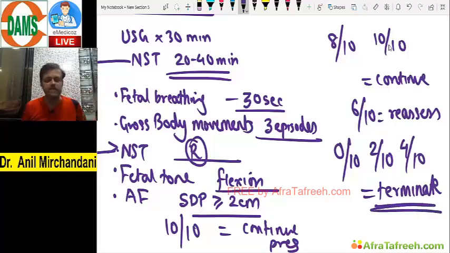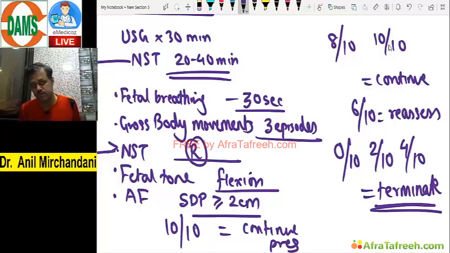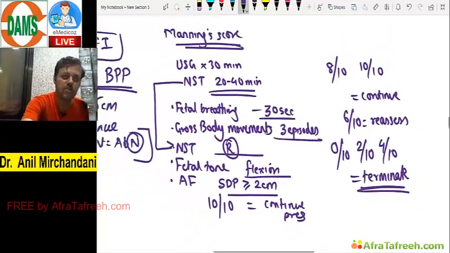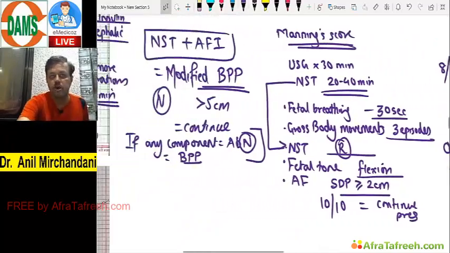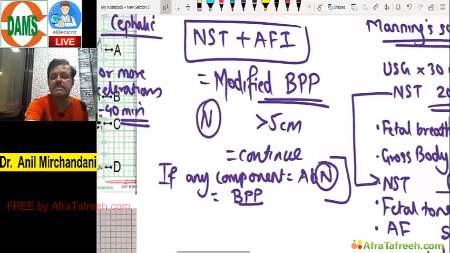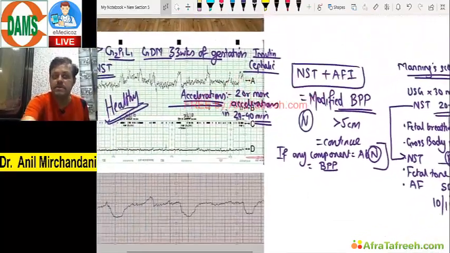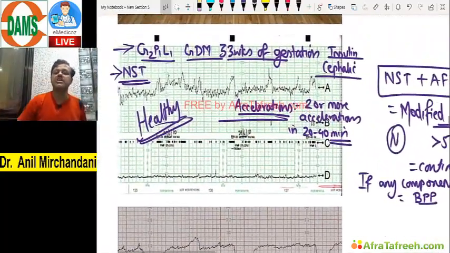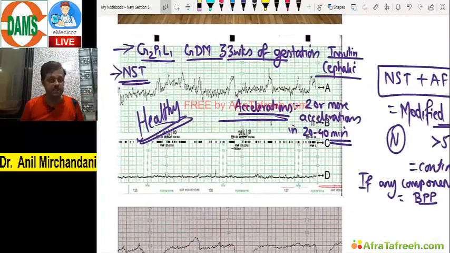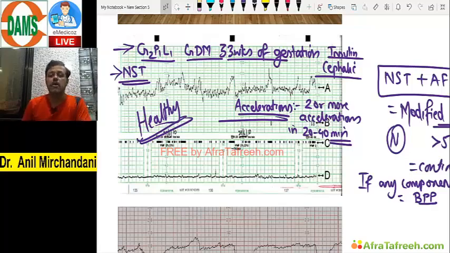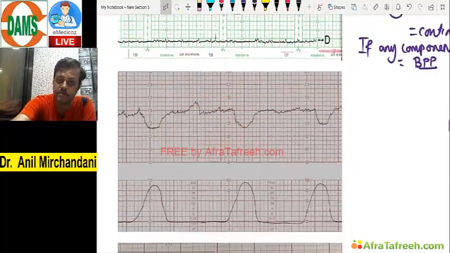This much you remember, that's it. 0 to 4, terminate. 6, reassess. 8 on 10 or 10 on 10, continue. This is the biophysical profile, also called Manning's score. Modified biophysical profile is NST plus AFI, with NST showing 2 accelerations or more in 20 to 40 minutes. This is fetal monitoring in the antenatal period.